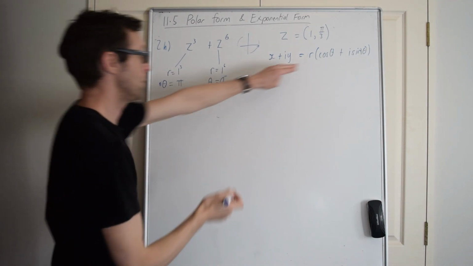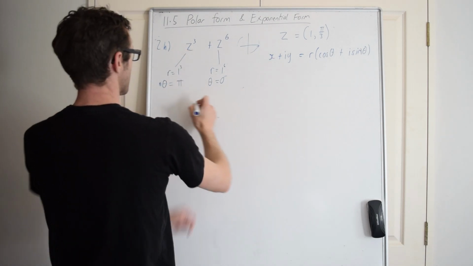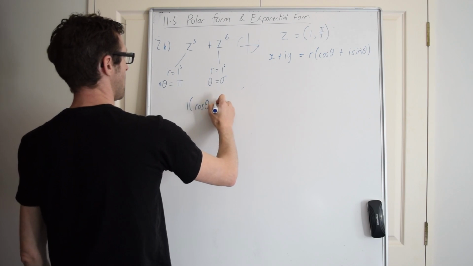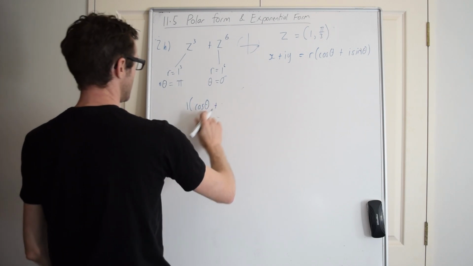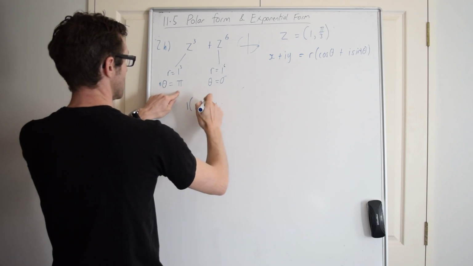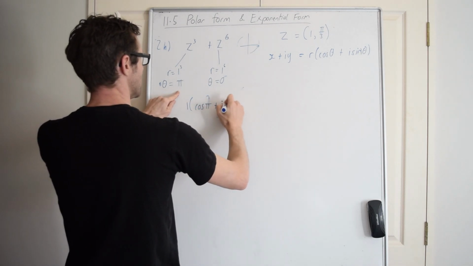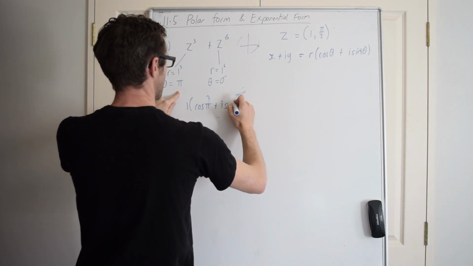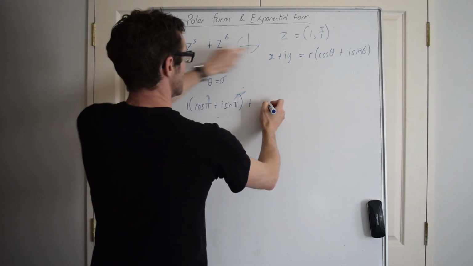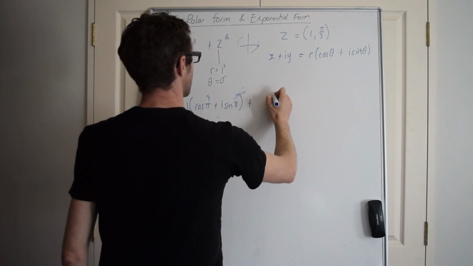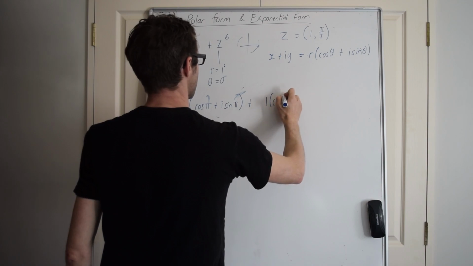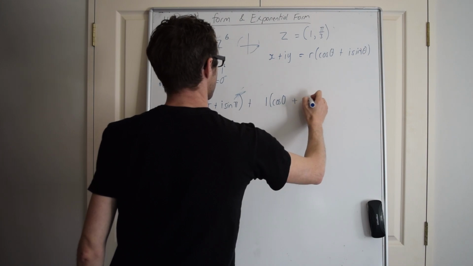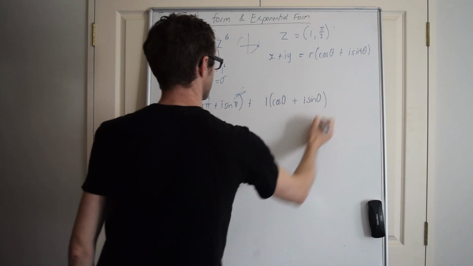Okay, now we're going to use this. So z cubed will be 1 bracket cosine theta, and theta, sorry, in this case is pi, isn't it? Plus i sine pi. Okay, plus, and then I'm going to do the same for z to the 6, 1 into cosine 0 plus i sine 0.